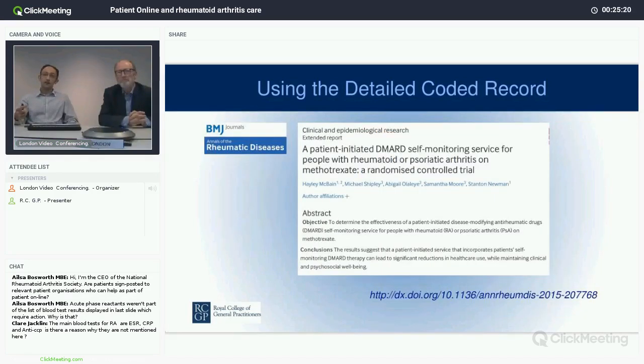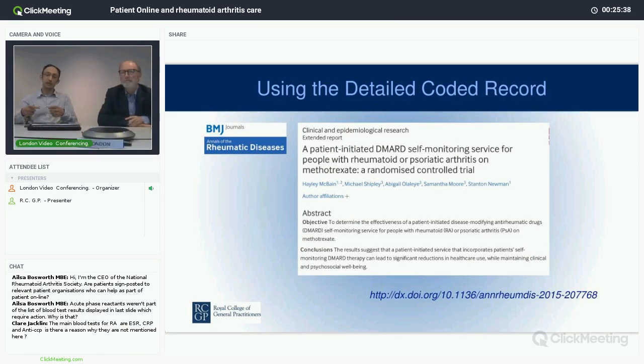I put this slide up just to show a piece of work that was done by City University of London and UCLH that looked at a group of 100 patients with rheumatoid and psoriatic arthritis.